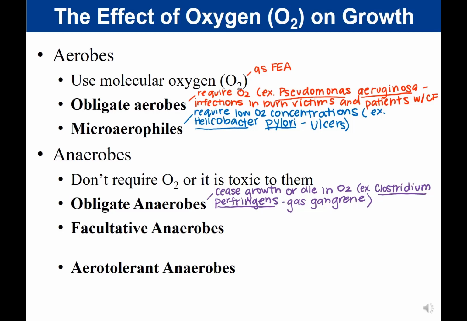The next category of organisms that we have would be our facultative anaerobes. And our facultative anaerobes grow with or without O2, but grow better with O2, meaning that they will use it when given the choice.